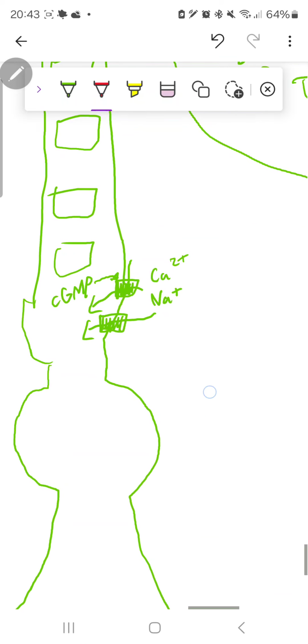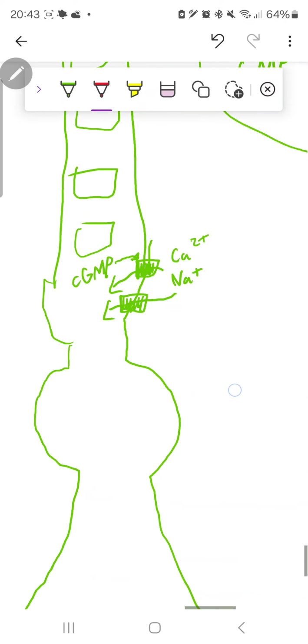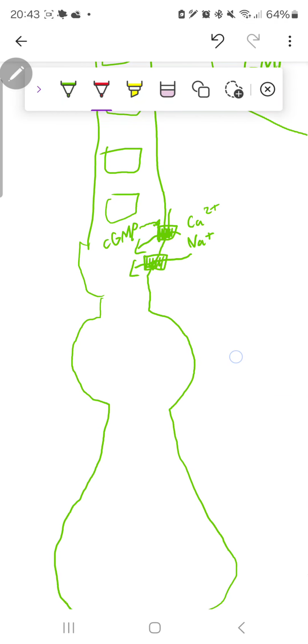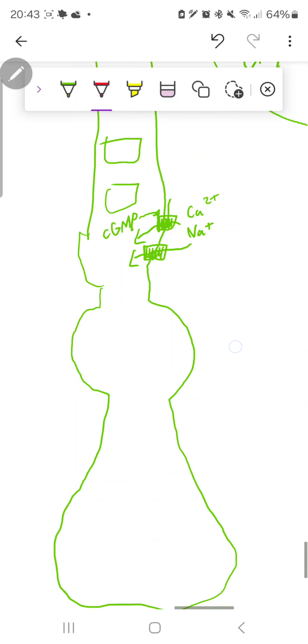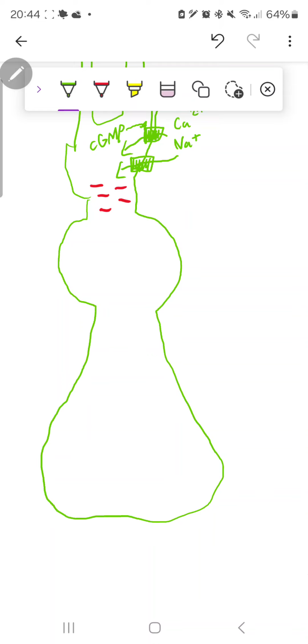Therefore, less cations will leak into the photoreceptor. And when we have less cations in the inside of this photoreceptor, it will become less positive, meaning it will become more negative. And this is the nucleus, by the way.